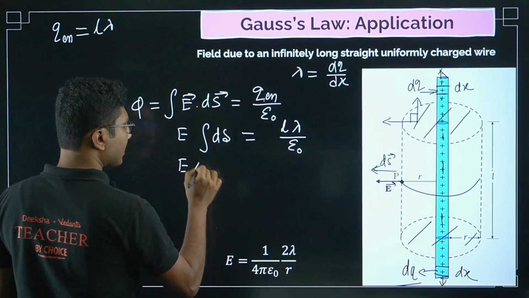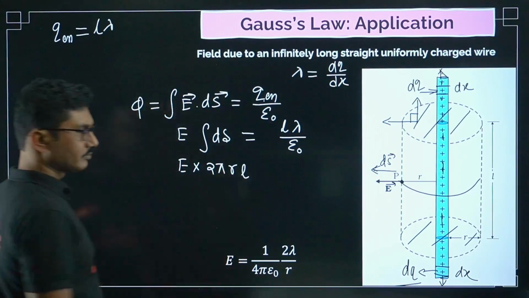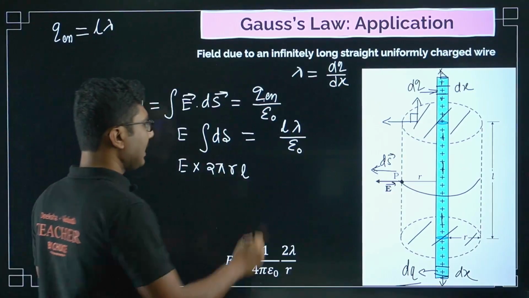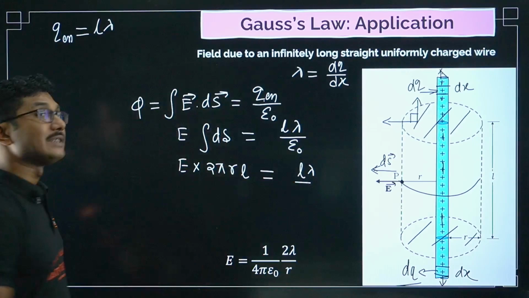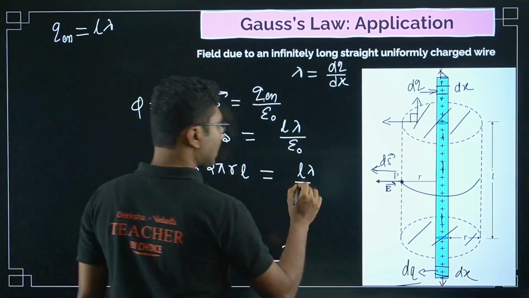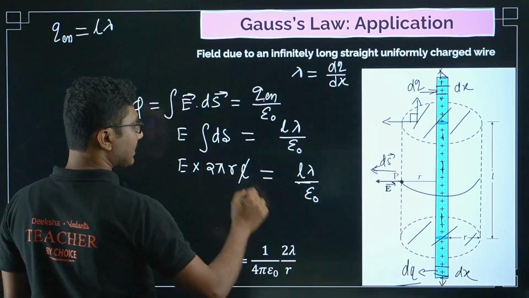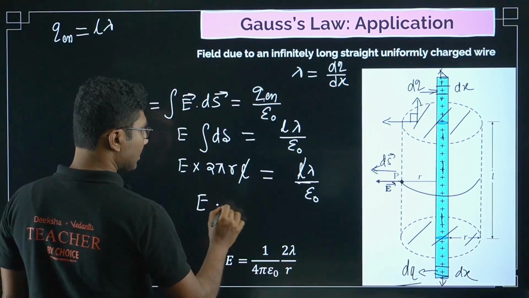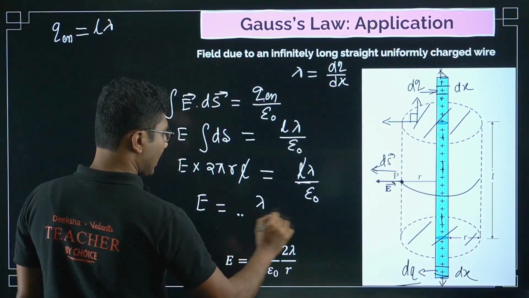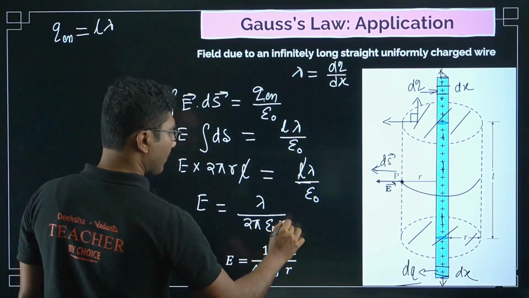It is 2 pi r L. 2 pi r L equals L into lambda. This formula we have also discussed in our bridge course class. So from here you can cancel L and L, and you can say E equals lambda by 2 pi epsilon naught r.